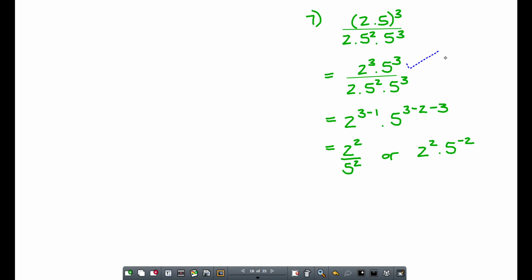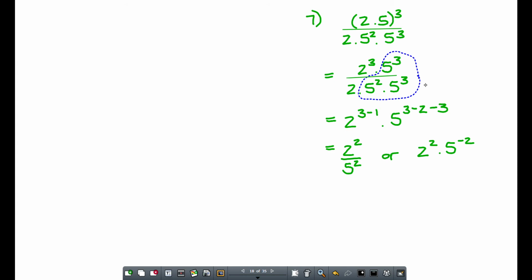Nou sal jy sien al my basisse is of 'n 2 of 'n 5. So then I put those that has got a base of 3 together, of 2 together. So the 3 minus the 1, want hier is mos eintlik 2 tot die mag 1. En toe ek gaan groepeer die wat 'n basis van 5 het, so 5 tot die mag 3 minus 2 minus 3.